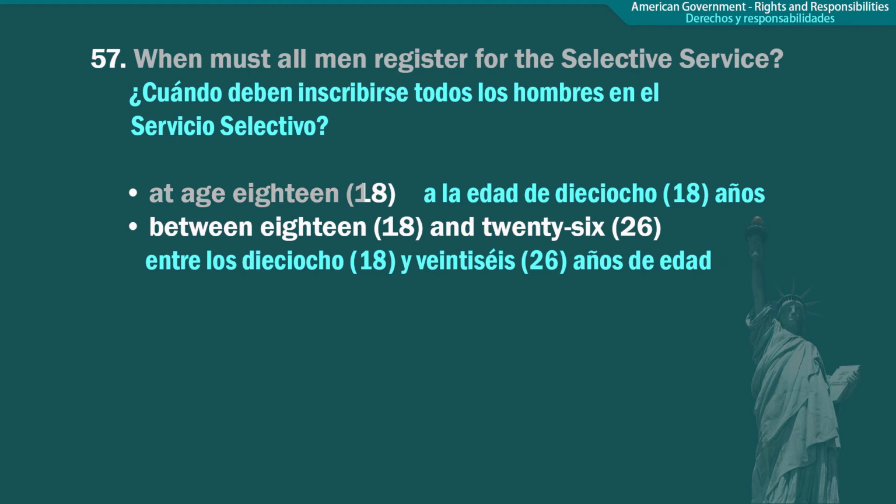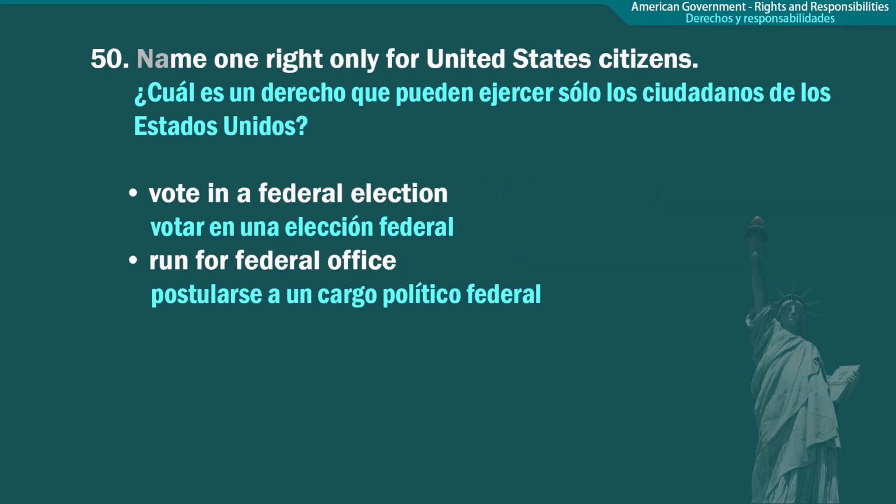At age 18. Between 18 and 26. Name one right only for United States citizens. Vote in a federal election. Run for federal office.